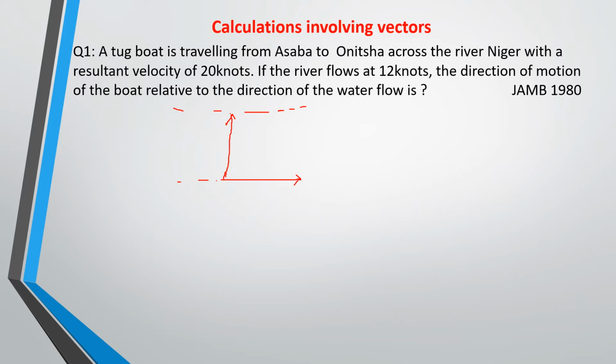The boat is traveling to Onitsha at 20 knots, and this is 12 knots, the direction of river flow.